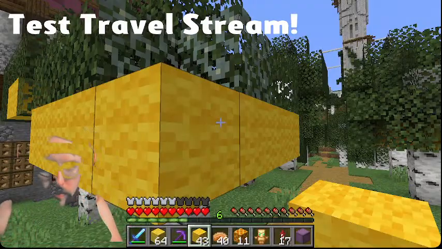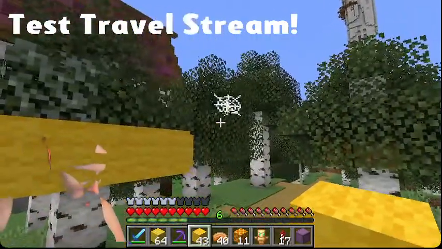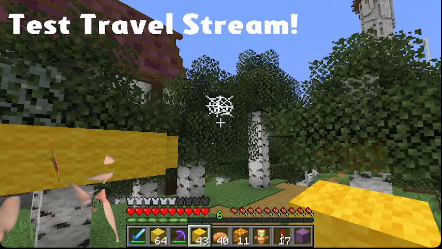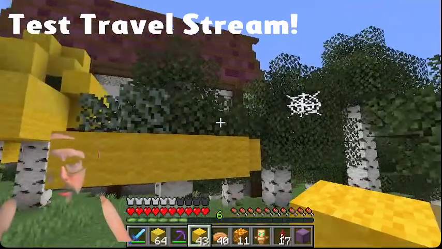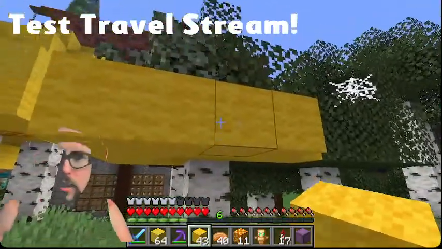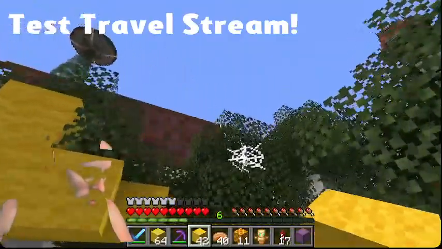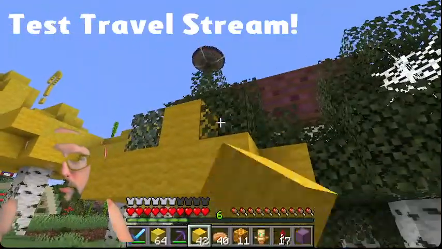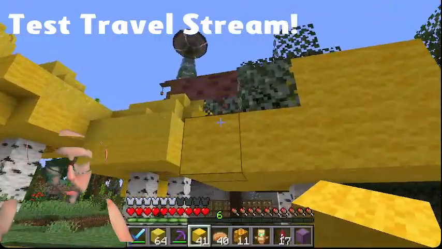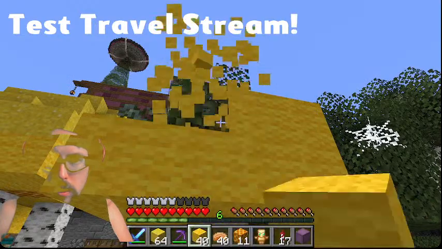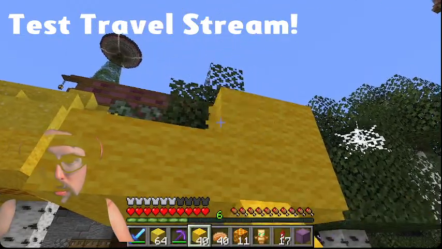Okay, so it looks like OBS's readout on the output is maybe higher than what we're actually sending. Maybe it's estimating that wrong, or maybe, nope, that's definitely spiking to 2,500 kilobits a second. Not ideal. Dang it. I'm also realizing that these should have been concrete powder.